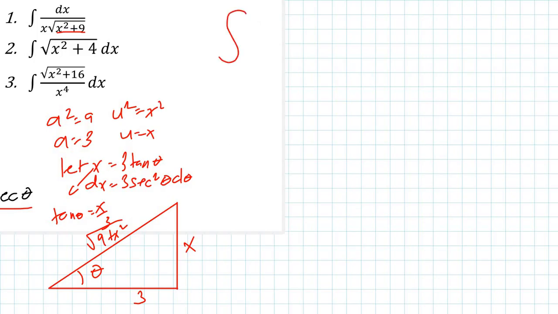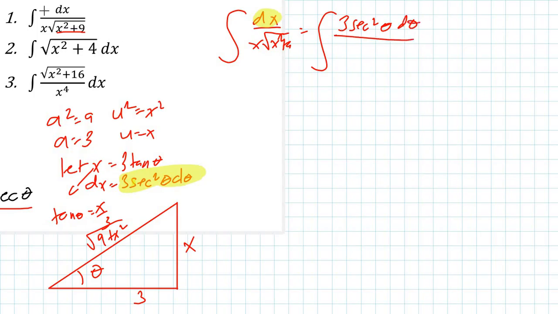So from there, the integral of dx over x square root of x squared plus 9 is as follows. We have dx equal to 3 secant squared theta d theta, all over x, which in this case is 3 tangent theta, and then the square root of x squared plus 9.